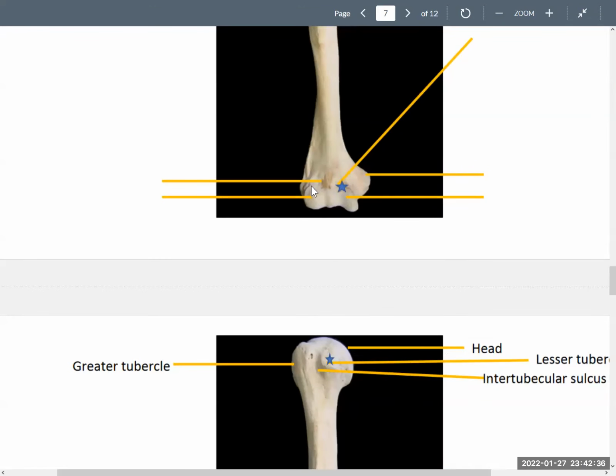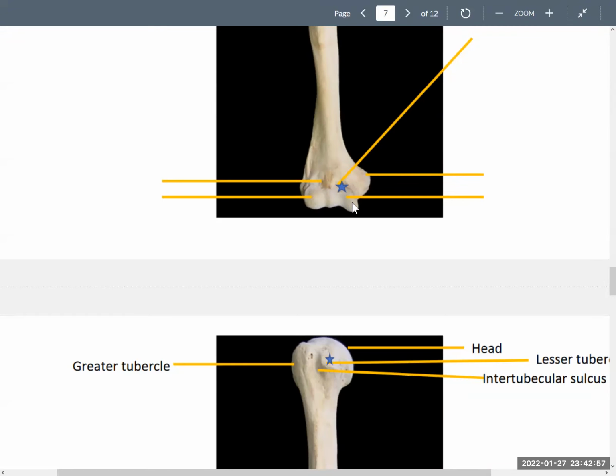Here's the rounded structure down at the very distal end. Anybody want to give a try, please? Capitulum. And the radius rotates up into this slot here, the radial fossa.